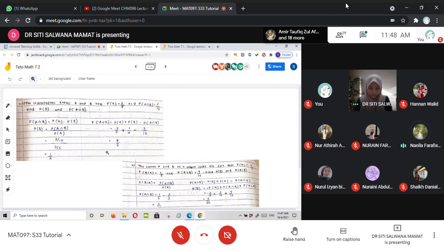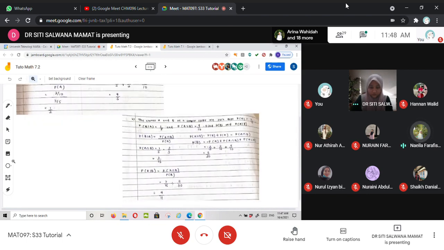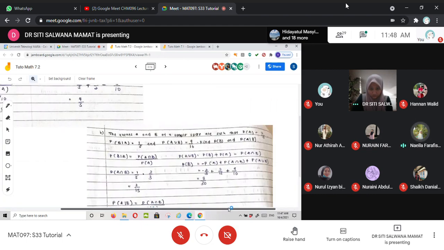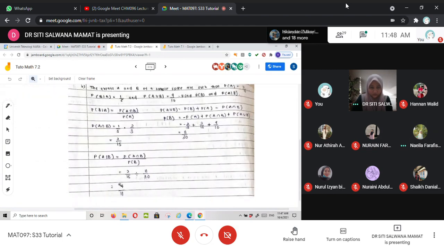Lepas tu untuk question B, dia dah bagi probability A, dia bagi probability B and then dia bagi probability A union B, and dia nak probability B dengan dia nak probability A given B. Lepas tu kita pakai formula.